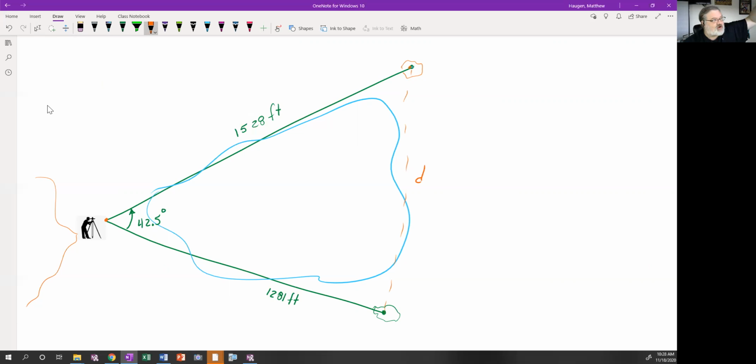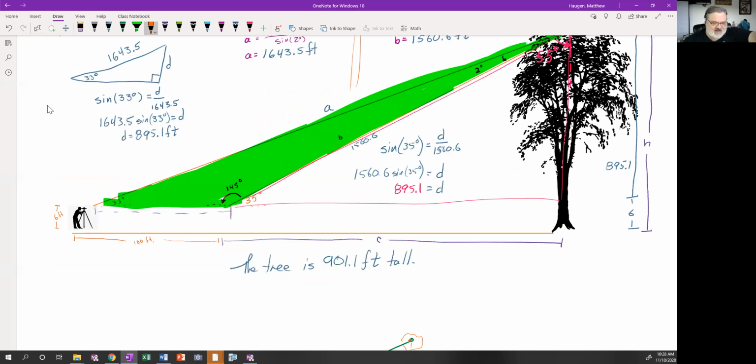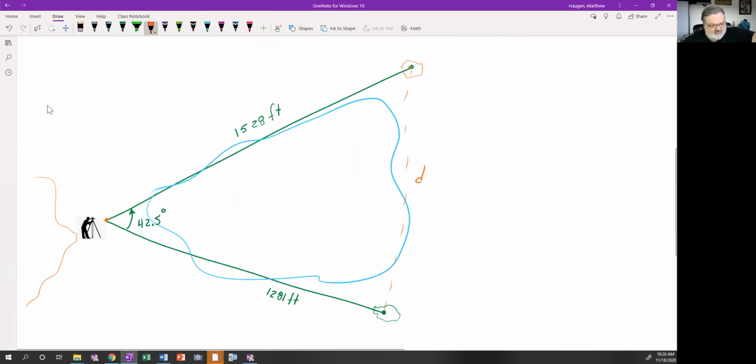You want to know how far apart is that star from that star, or that asteroid from that moon, or whatever. We can use the techniques from the first problem we did to find distances to the objects, to find that 1528 and 1281, and then use this technique to figure out how far apart those two stellar objects are. Or you can do the same thing on this atomic scale. So, these techniques run the gamut.